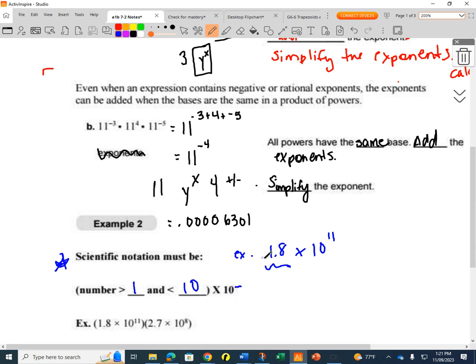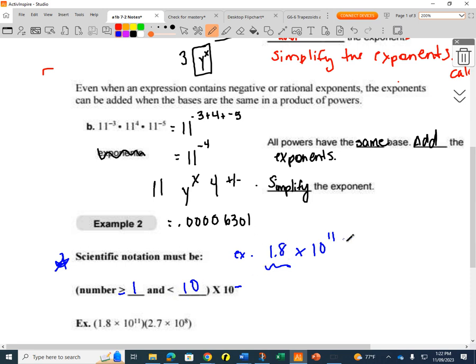So this number is greater than or equal to 1, and less than 10, not equal to 10. So 1.8 is greater than or equal to 1, and it's also less than 10. Does that make sense?